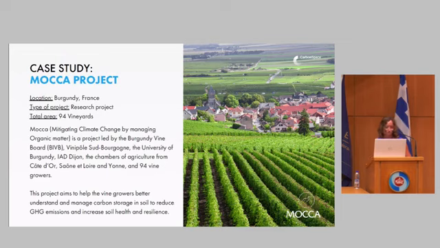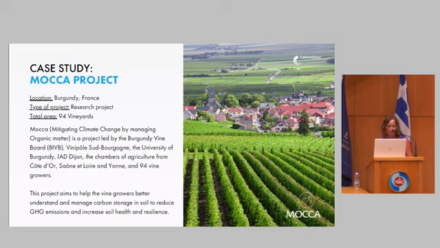It is a project led by the Burgundy Wine Board, also by the Vinipôle Sud Bourgogne, the University of Burgundy, IAD Dijon, the Chambers of Agriculture of Côte d'Or, Saône-et-Loire, and Yonne, and 94 vine growers. I need to mention them in any presentation that I do because they are the ones funding the project. And it's a huge project.